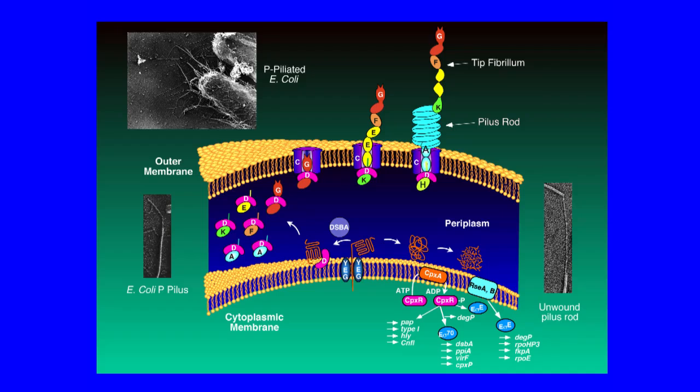Okay, so this complex goes to dock onto this usher here, usher protein. That's the first one to do this, and it does that because it has the highest affinity of all the binary chaperone subunit complexes for the usher. It is also the only one that is able to activate this usher transporter, and I'll tell you about activation in a moment.